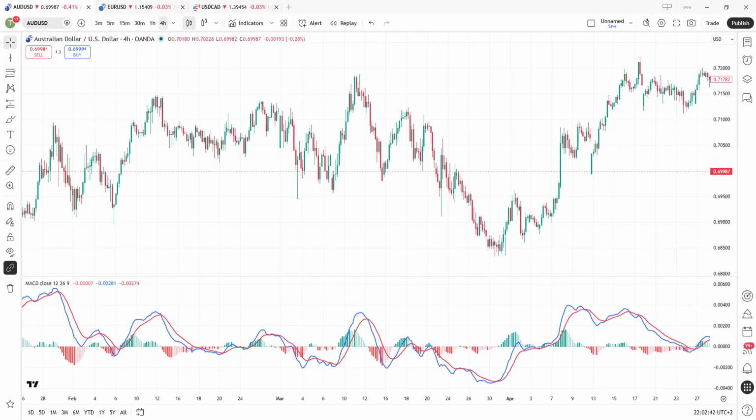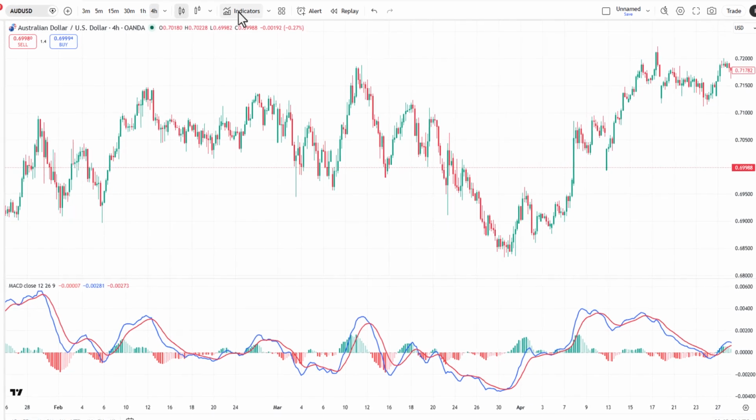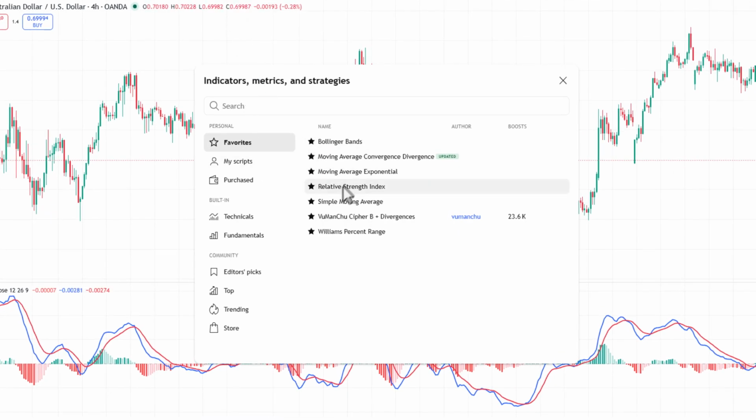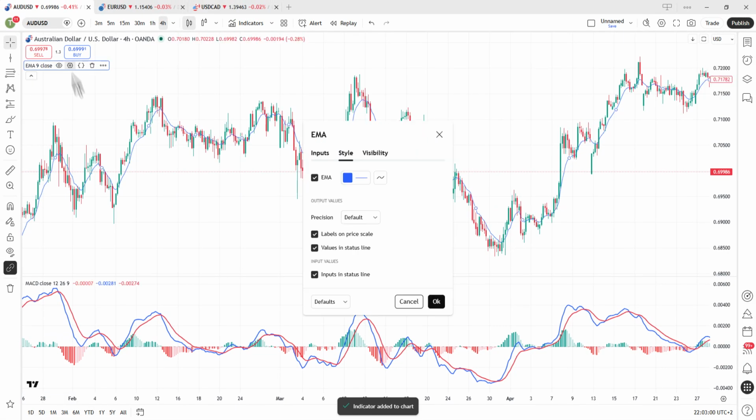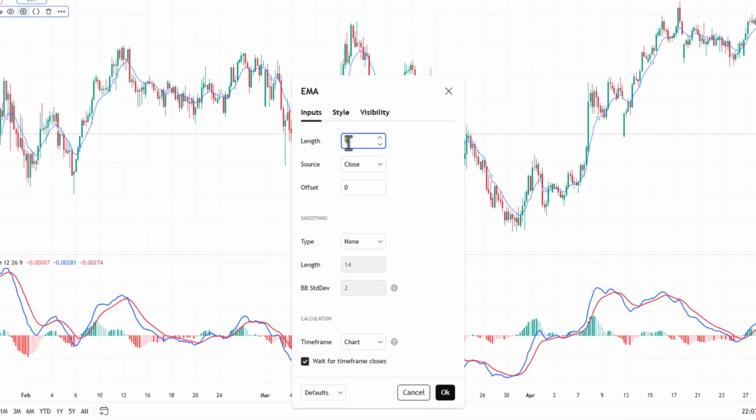I would say the missing piece is a trend confirmation indicator, and that's just what I'm going to do. I'm going to go to indicators, and I'm going to add a moving average. It can be a simple moving average or an exponential moving average. The trick is you format this so that it's at least a 200 period moving average.